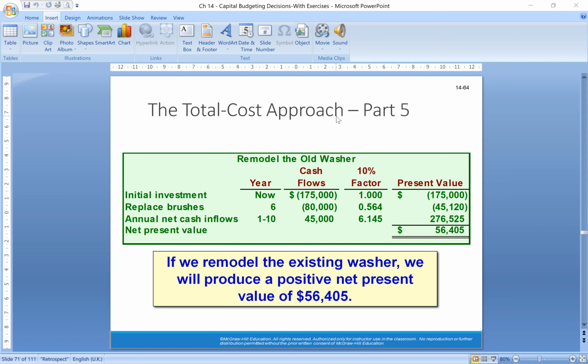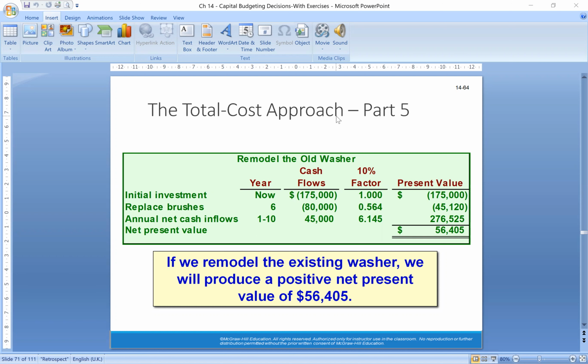The brushes at the end of year 6 multiplied by 0.564 comes from table 1, 45 something. Annual net cash inflows for the old machine, which is the current machine, 45,000 from 1 to 10, multiplied by factor from table 2. So the net present value will be 56 something.